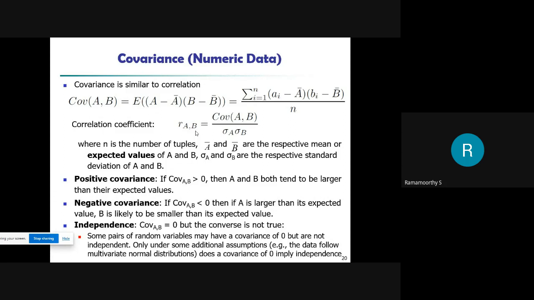So you need to understand what n is. n is the number of tuples, and A bar and B bar are the respective means, as in the previous case. And the expected values are of A and B. Sigma A and sigma B will always give you the standard deviations.